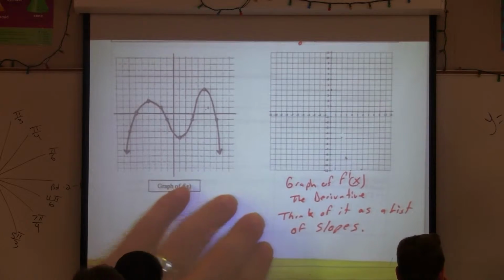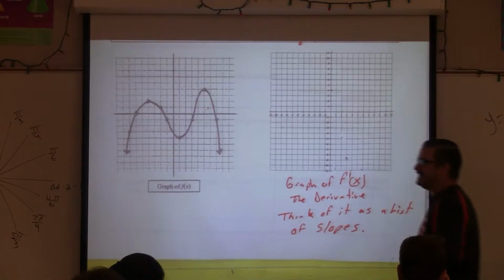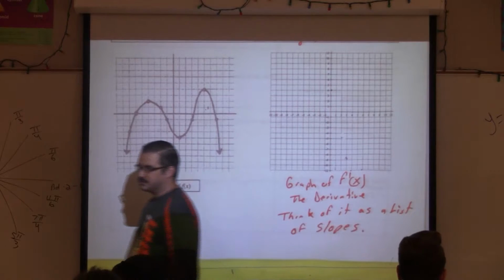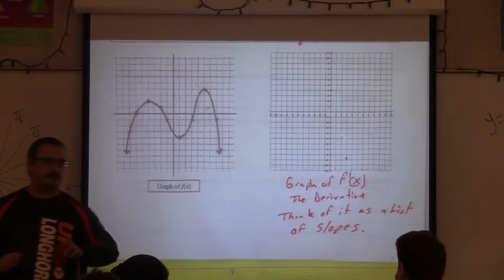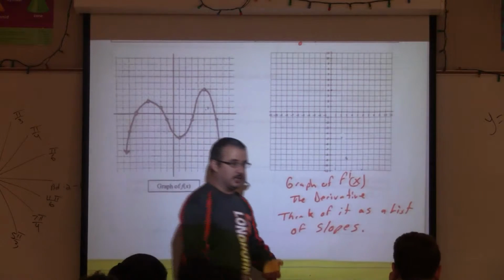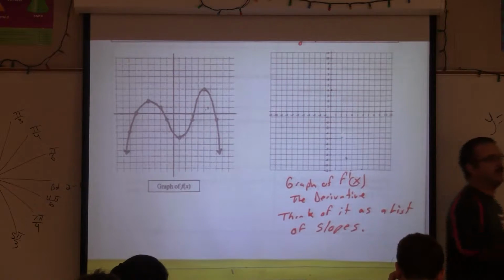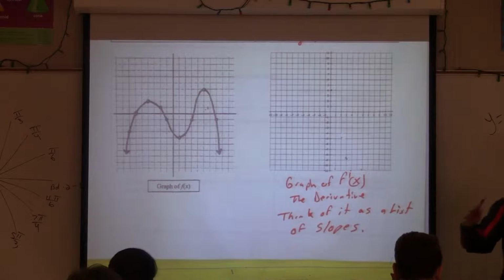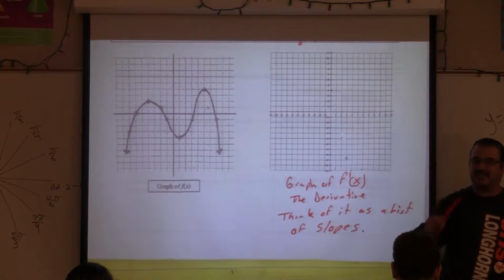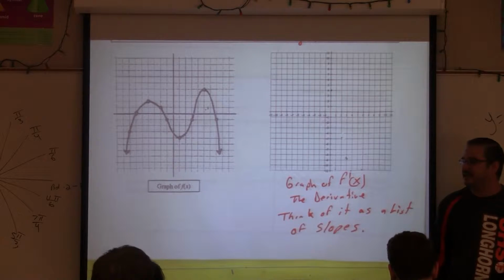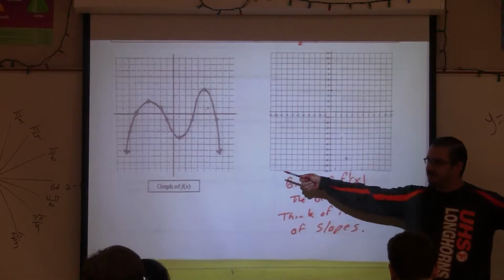So the derivative, I'm going to look at it as being a list of slopes. It's going to be a bunch of points, and those points represent a list of slopes. If I ask you, what is the slope at 5, you go to 5 on the x, and whatever y value it's at, that's the slope of the tangent line at 5 for the original graph.